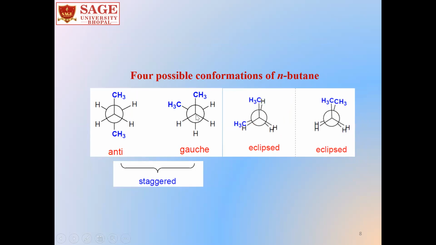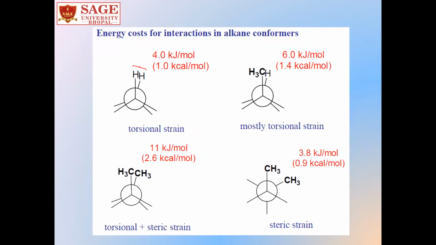Again, this one's stability is more than this, because here it is only 3.8, and in this case it will be 6 plus 6 plus 4, that is 16. So here it is 0, 3.8, then 16, and here it is 19. This is the most stable, after that will be the next in stability order, and this eclipsed, where methyl groups are eclipsed with each other, is the least stable conformer.